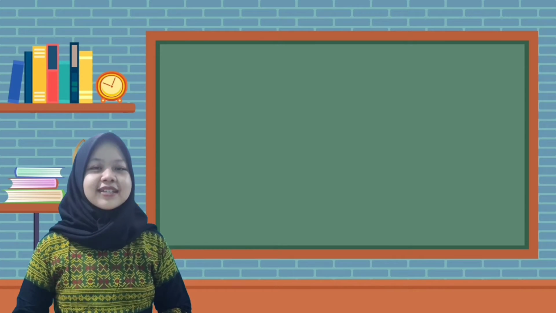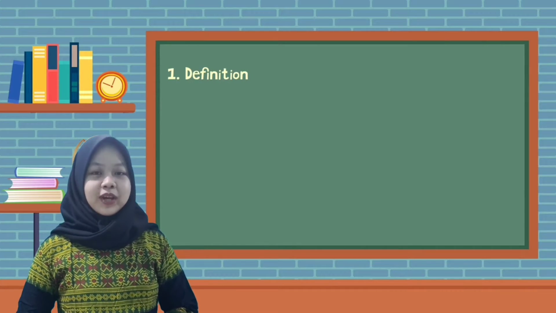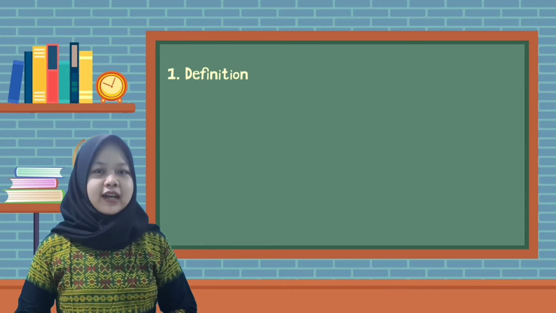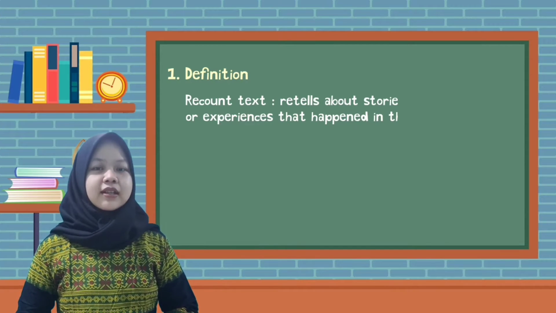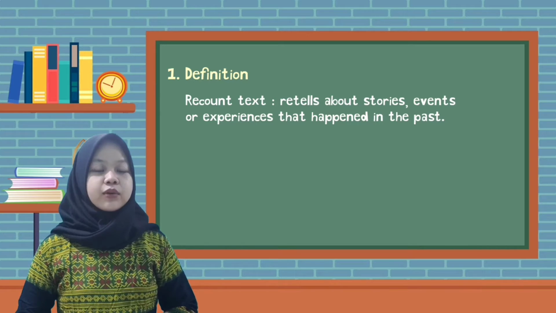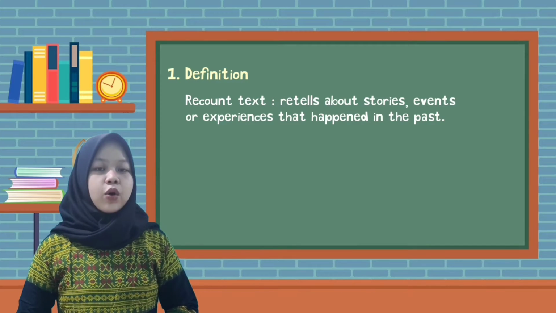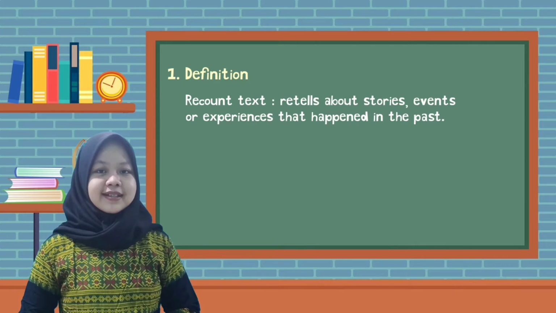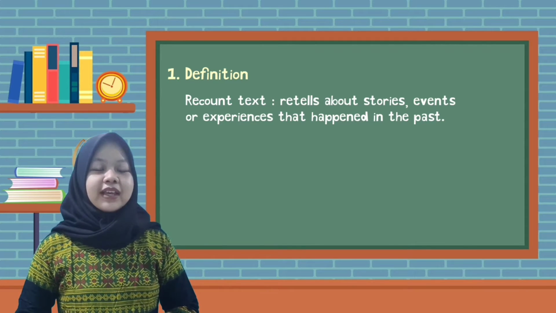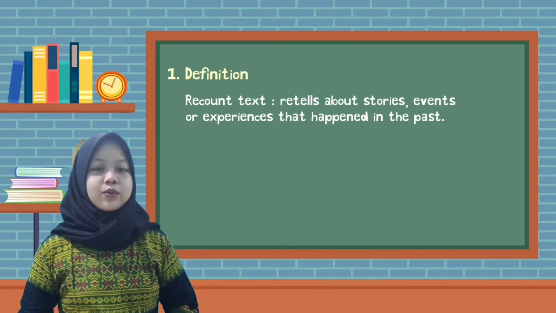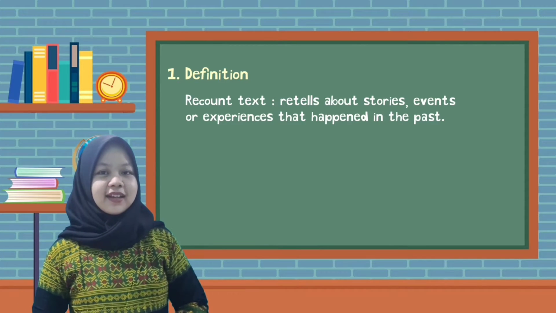Okay, the first is definition. What is recount text? Recount text is one type of text that retells about stories, events, or experiences that happened in the past. Then, what kind of story is usually used as an idea to write a recount text?